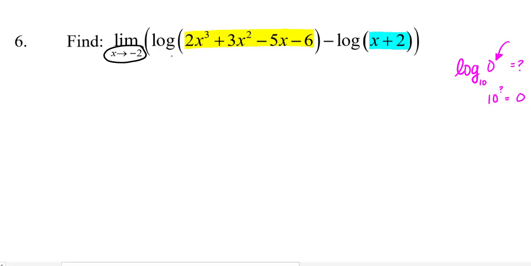I also should remember if I have log of this yellow minus log of the blue, and they're the same base, these are both common logarithms, I should remember one log property that I can rewrite these as one logarithm. So I can say log of the yellow divided by the blue.